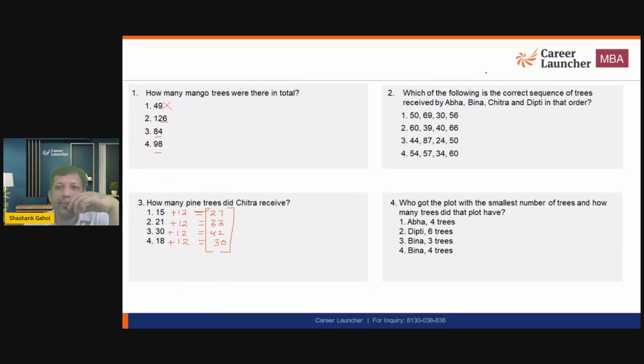Now, which of the following is the correct sequence of trees received by Abha, Beena, Chitra and Deepti in that order? This is 50, this is 69, this is 30. Chitra can get 30. That is a possible number. 56, 60, 39, 40, and 56.